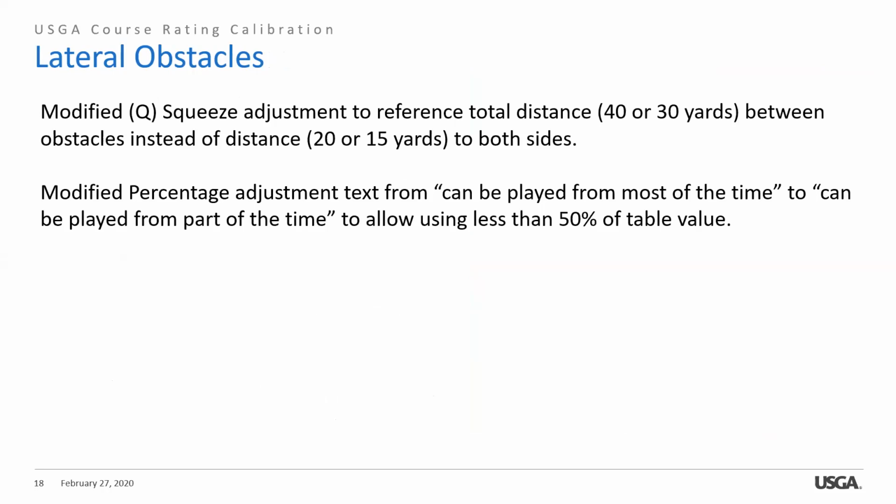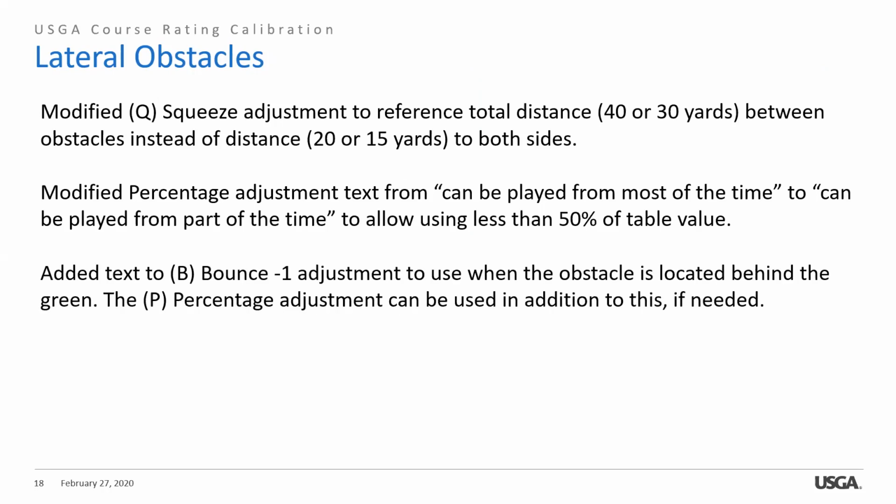We've also made the same change that we did with crossing, that now we're doing part of the time instead of most of the time. And then they've also added text to the B minus 1 adjustment to use when the obstacle is located behind the green. And the P adjustment can be used if it's needed.